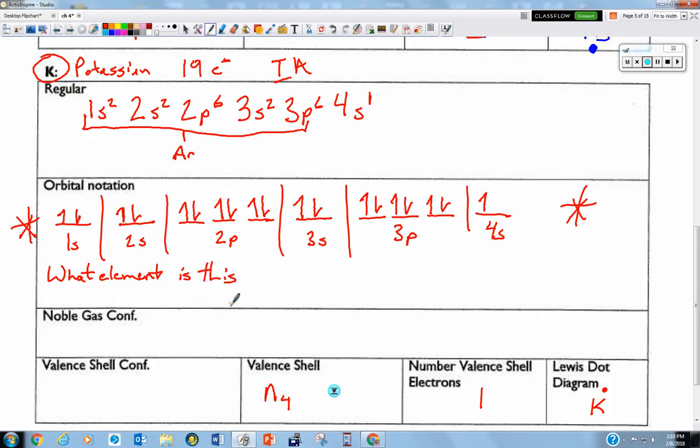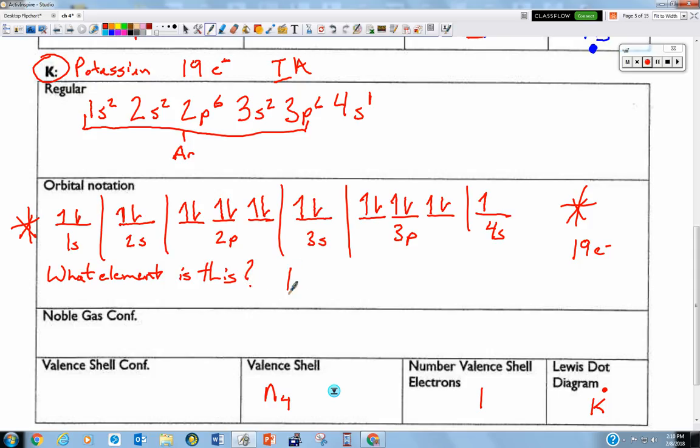Well, we know that this is potassium, but how do we know? Because when we go back and count the arrows, 1, 2, 3, 4, 5, 6, 7, 8, 9, 10, 11, 12, 13, 14, 15, 16, 17, 18, 19. We have 19 electrons, so what neutral atom has 19 electrons?